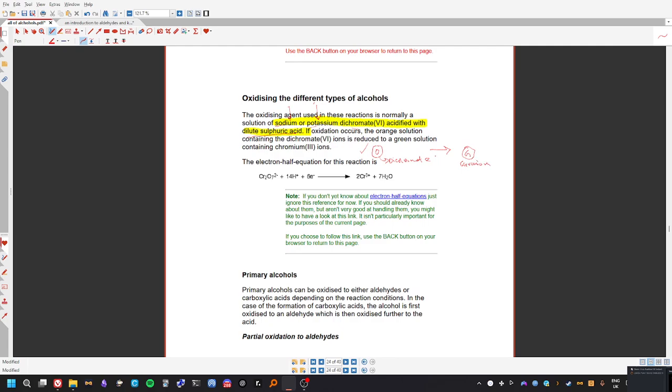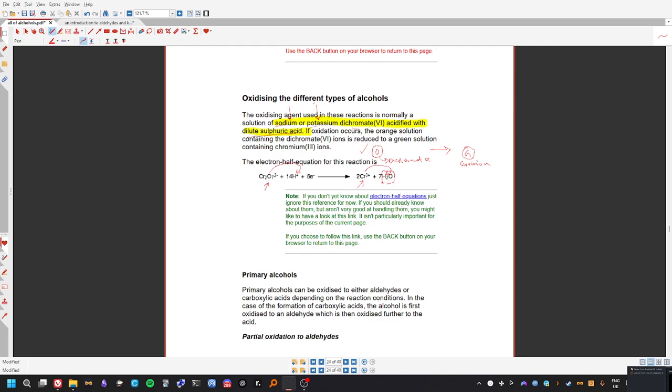When I say dichromate, that means there's O in it, and if I mean just chromium, there's only Cr, and there's no O, which means the O has gone into your H to form H2O, aka water.